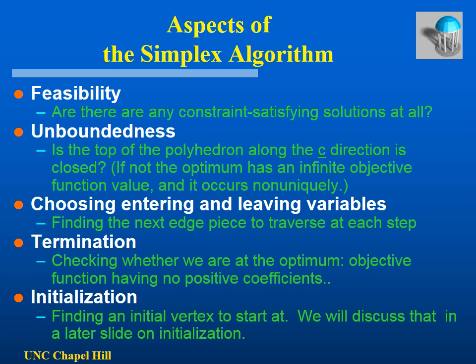This requires a test of whether the constraining hyperpolyhedron is empty. We won't go into detail how that works, but it's a fairly straightforward calculation. The next is, is there an optimum? Is there a top of the polyhedron, or is it open at the top? That is to say, can you increase in an unbounded way?